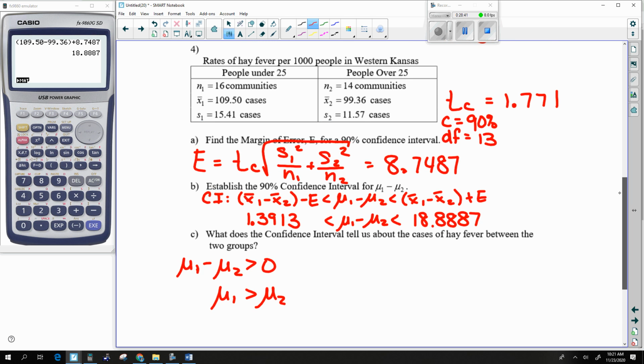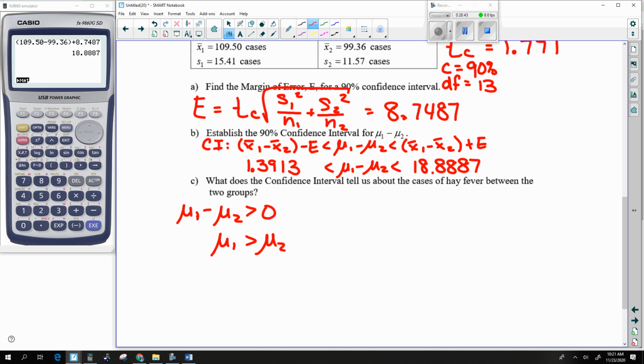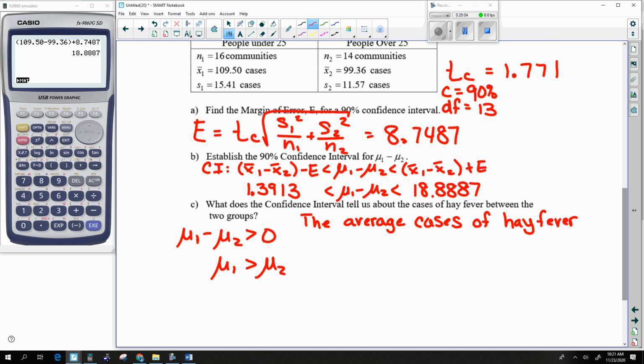In this case of hay fever, people under 25.